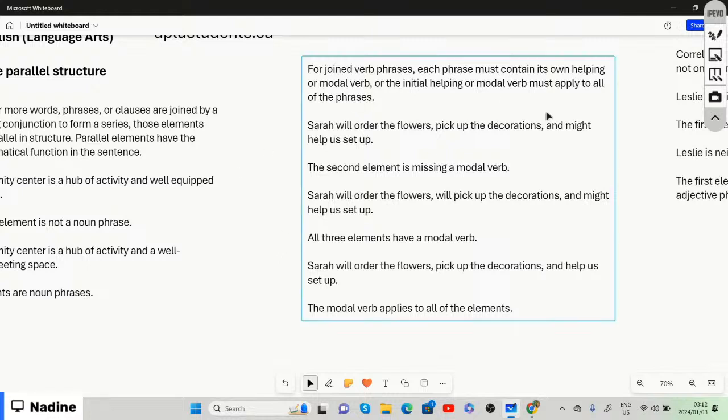All right, if we look at an example, it says Sarah will order the flowers, pick up the decorations, and might help us set up. And if we look at might help us set up, we can say that that second element is missing a modal verb.